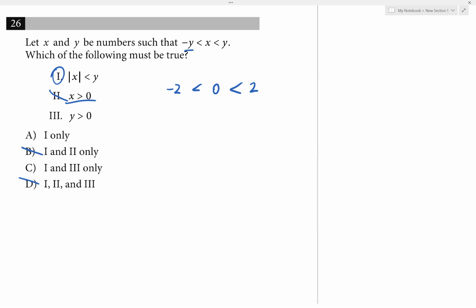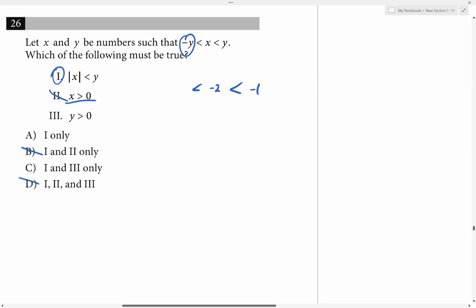If you take a look at statement 3, y has to be greater than 0. So y has to be positive. Well, that always has to be true. Yes, because if y is negative, say negative 1, then x has to be smaller than negative 1. We could do negative 2, that's not a problem.